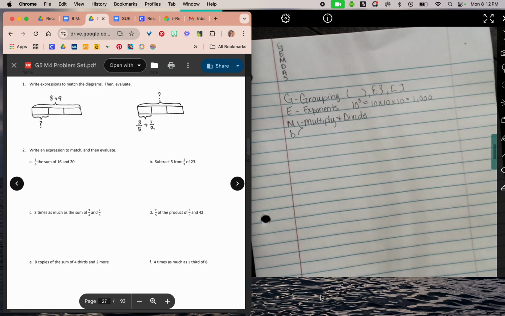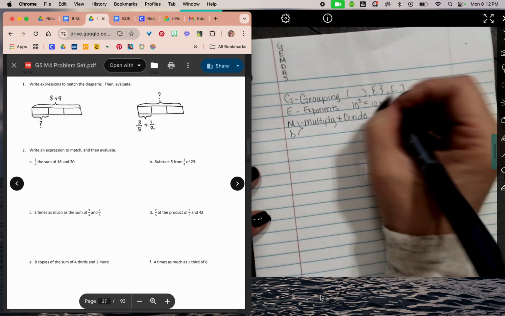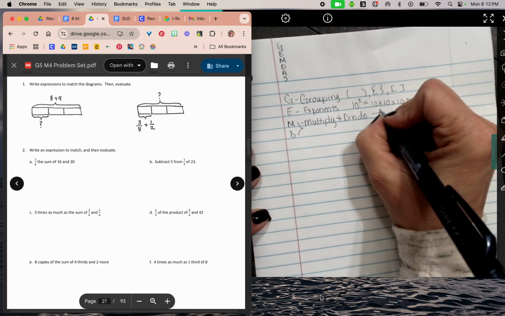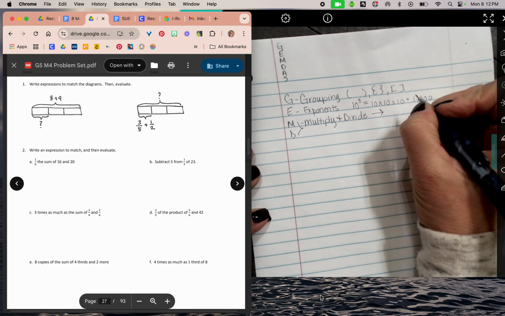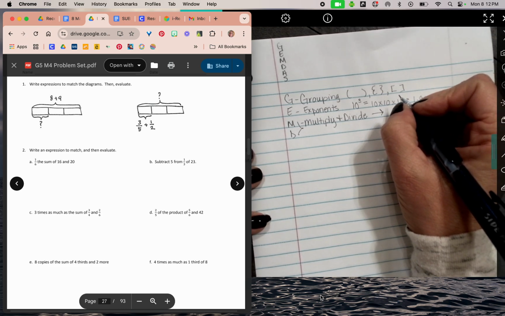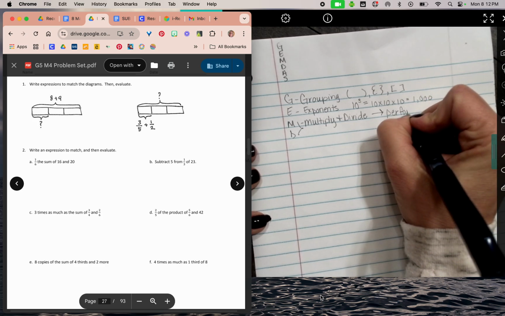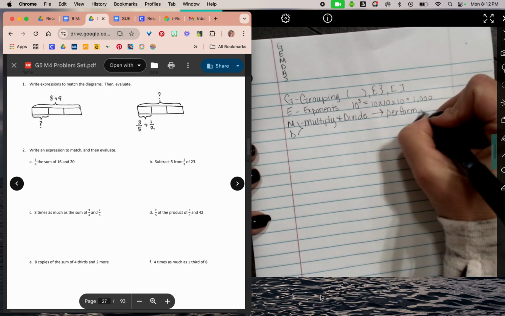One is not more important than the other. And so we do these in whichever order they come in from left to right. So multiplication is not more important than divisions. We don't go look for multiplication and do that first. We don't go look for division first. We perform these two in order from left to right.